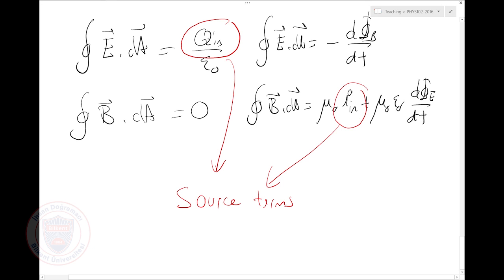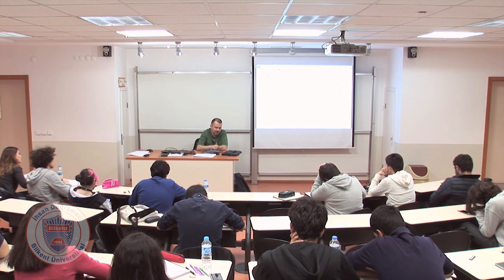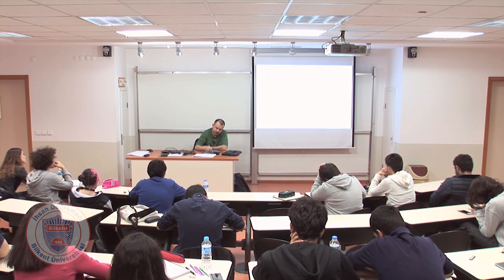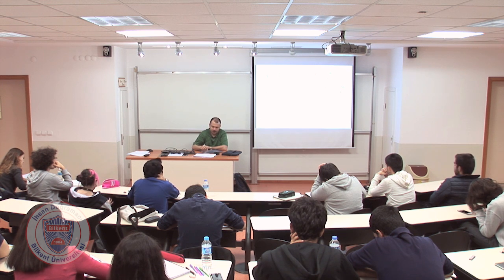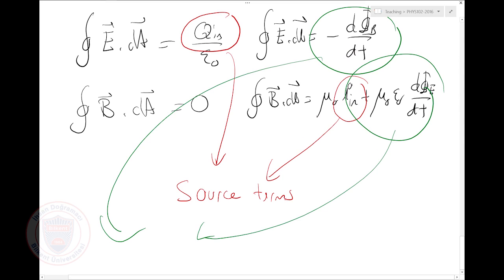However, there are now 2 more interesting terms. As we have seen, the change of magnetic field creates an electric field in real space. That was Faraday's law. And now Maxwell is telling me something else.